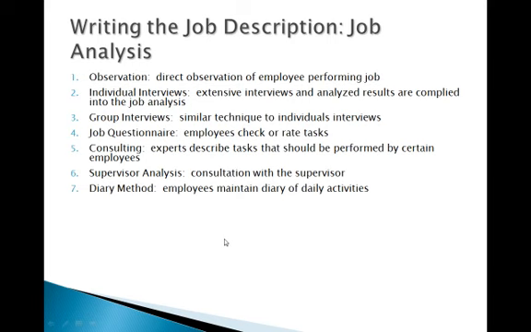I'm going to start on the next slide, writing the job description, job analysis, and with that I'd like to make the following comments. The job description is somewhat imaginative in the sense of the real world of the educational hiring process.